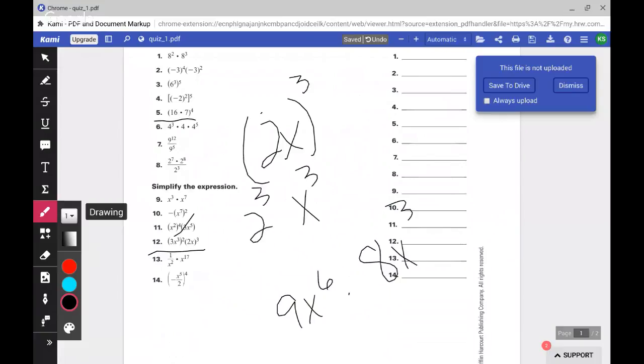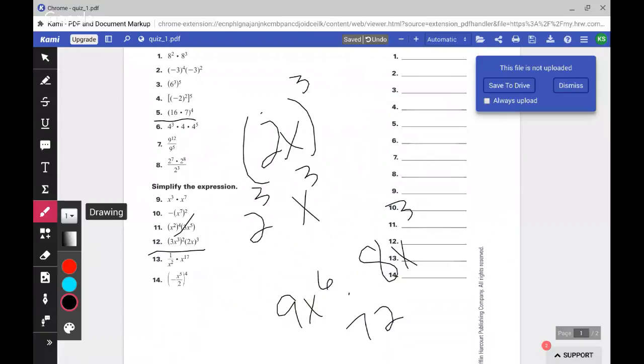And now you'll multiply, and a lot of people went back to adding, and they would add the 9 and the 8, but you don't add the 9 and the 8. You still multiply the 9 and the 8, just like we did before, but you're applying the exponent rules to multiplying x to the 6th times x to the 3rd.